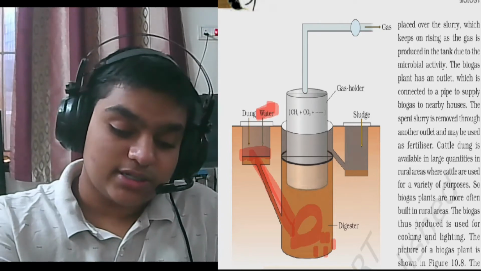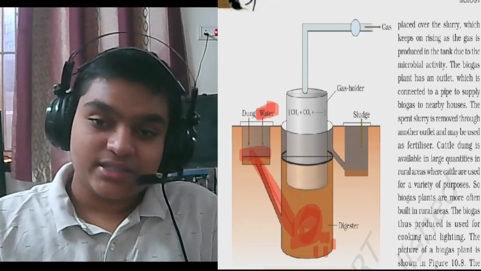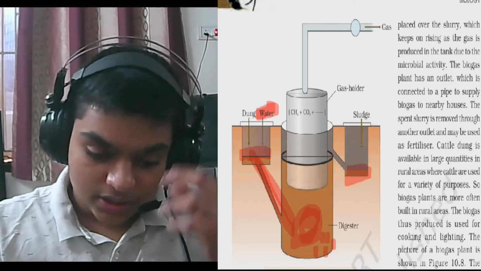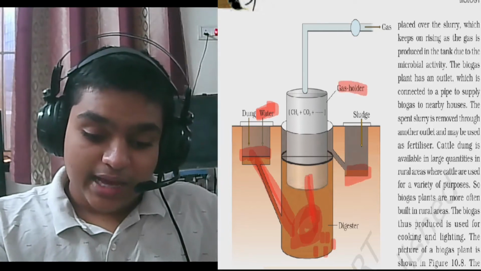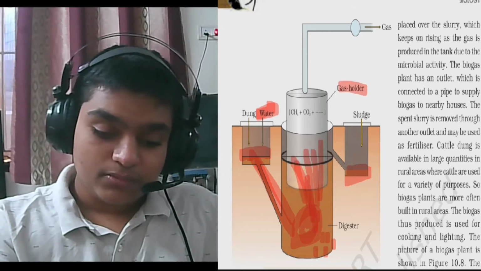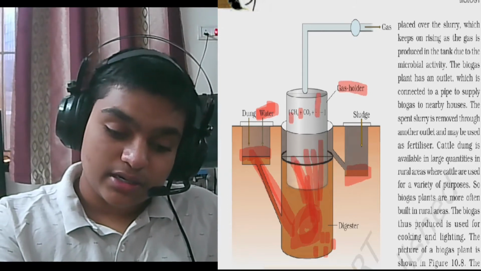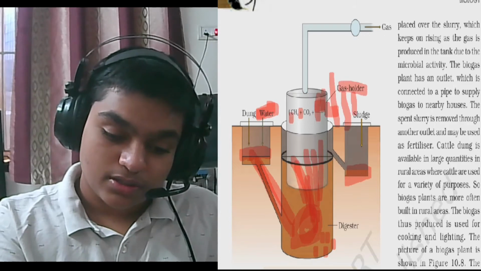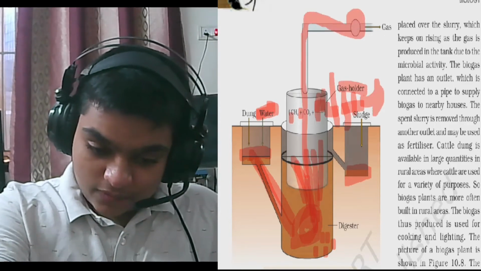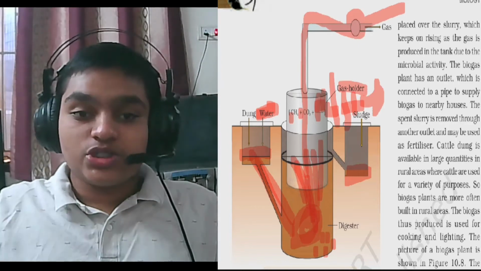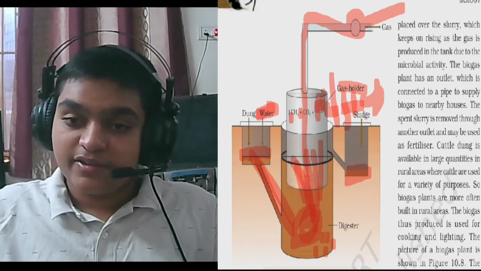So here it is digested. The spent sludge is produced into here, the slurry, and this is your gas holder, and the gas is released here: methane, carbon dioxide, hydrogen or H2S, hydrogen sulfide. From here it is moved here, and from here it is produced into the rivers.